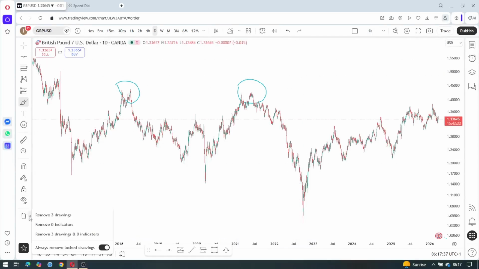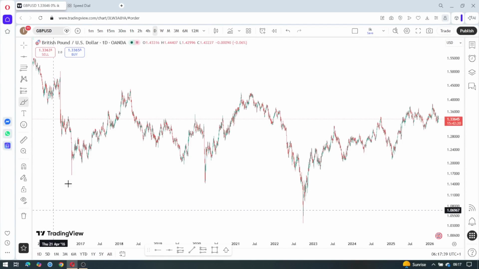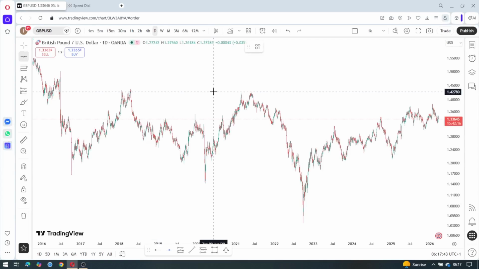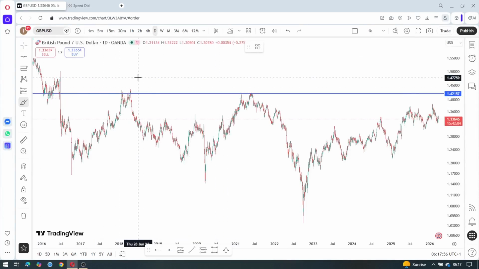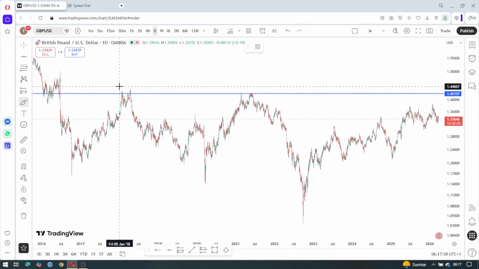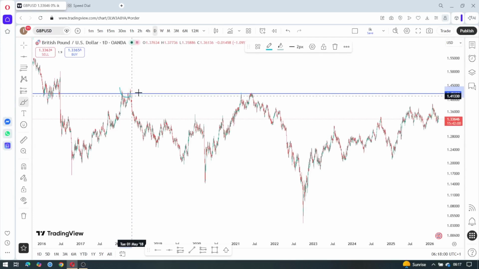Take your line tool and pick the points that are very close. These 2 points are close together. And if you look at these 2 points, they are also close to this point.